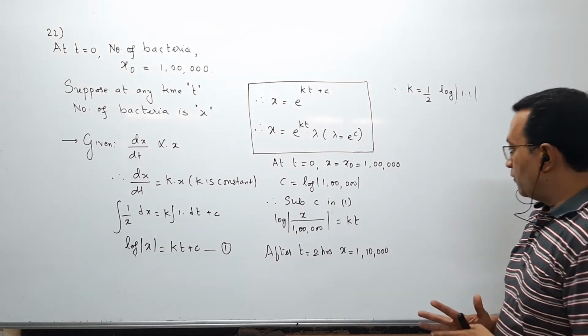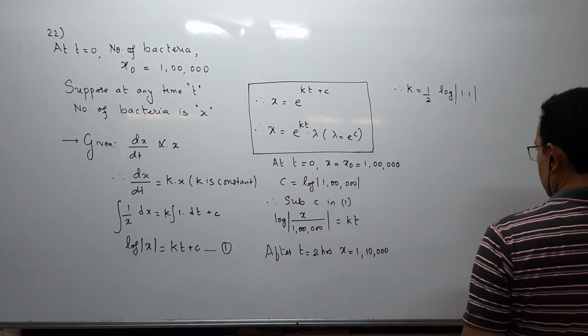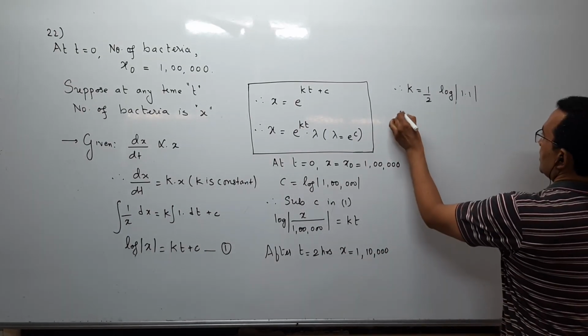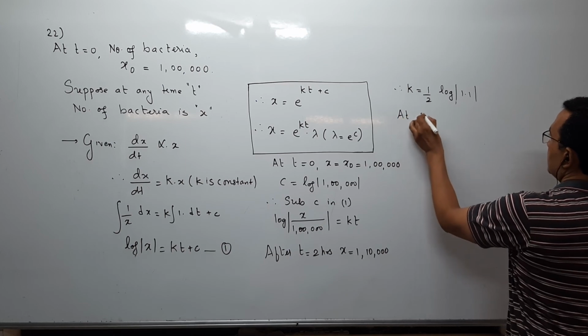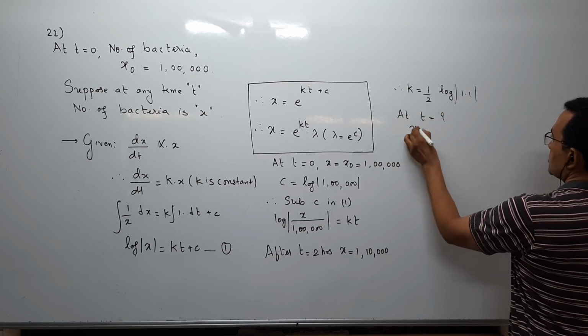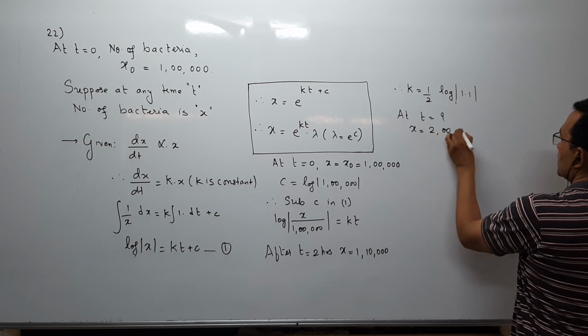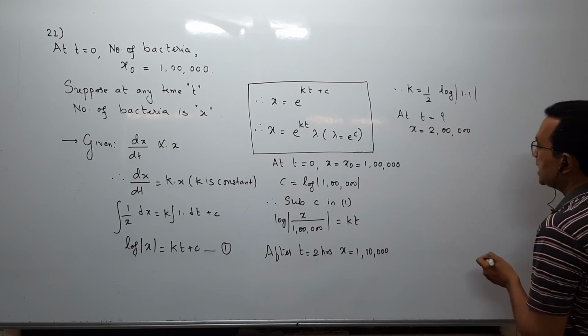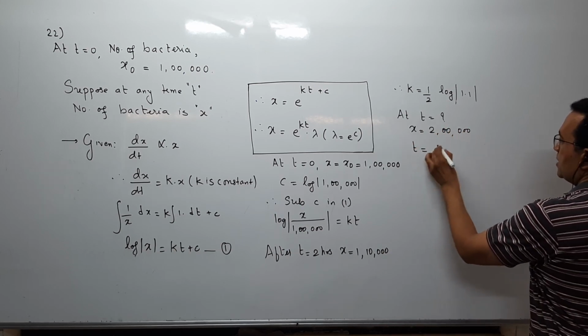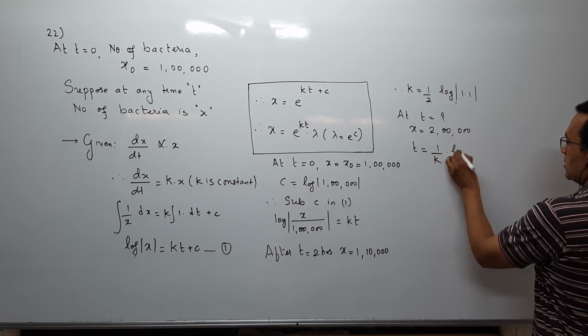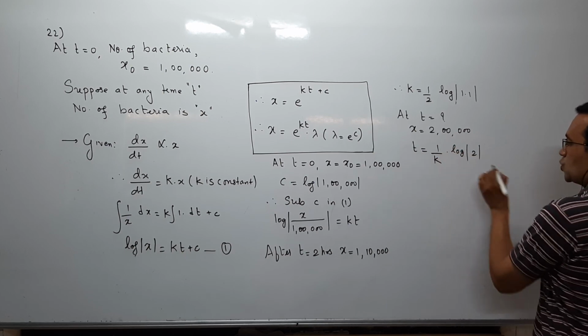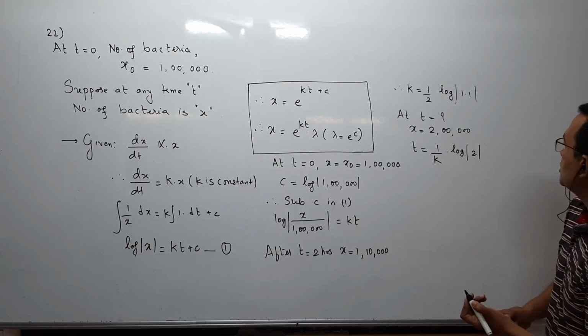Now, when will the bacteria be 2 lakhs? At time t is equal to dash, x will be 2 lakhs. So t will be 1 by k log mod 2, since 2 lakhs upon 1 lakh will be 2.